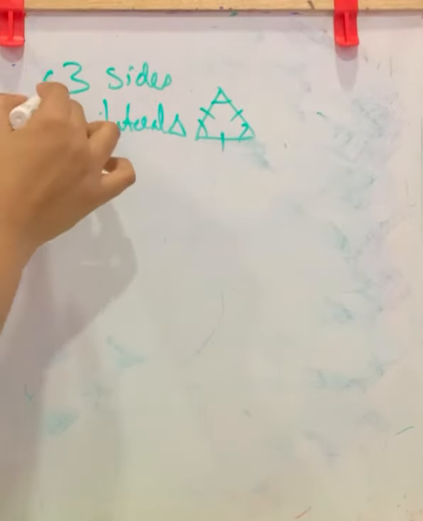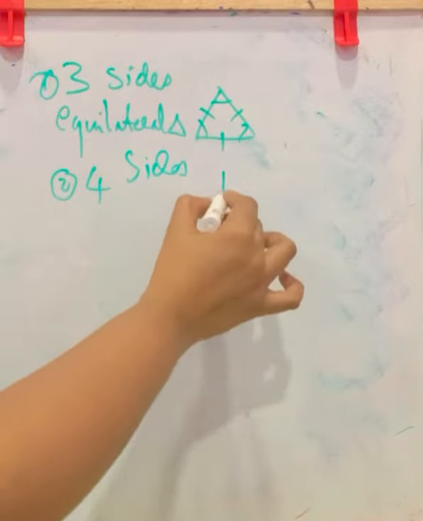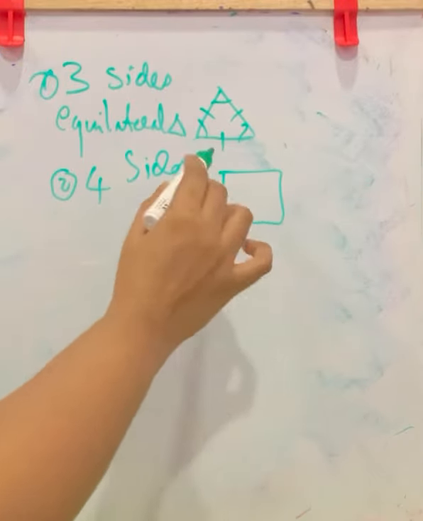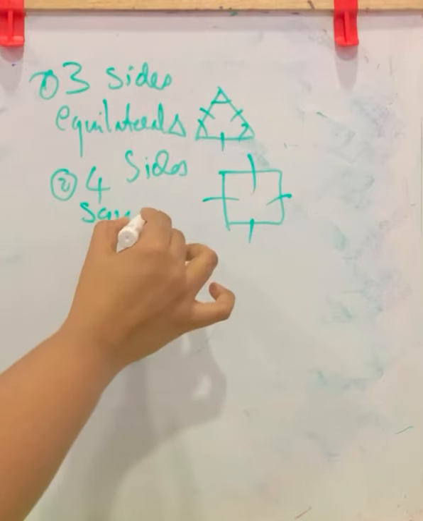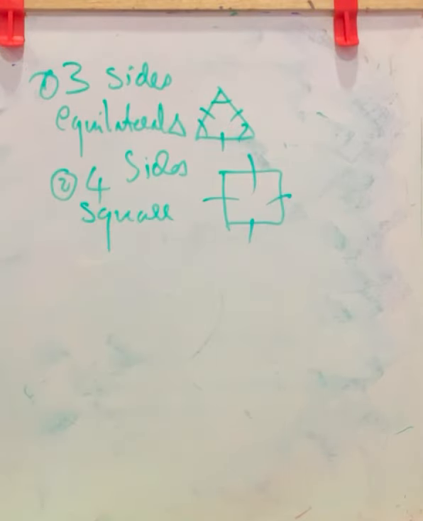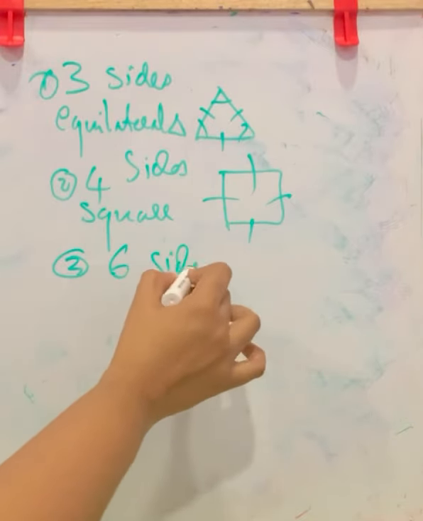Now if it has 4 sides, it is a square because all the 4 angles are the same and the 4 sides are the same. So the example is a square. A 4-sided figure is a quadrilateral, and the regular quadrilateral is a square. Third one, 6 sides.